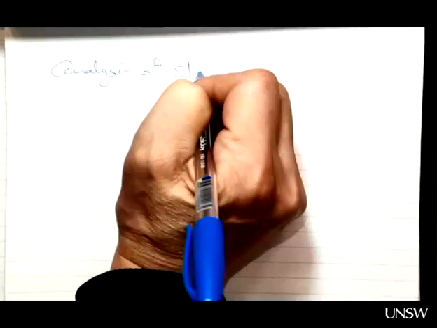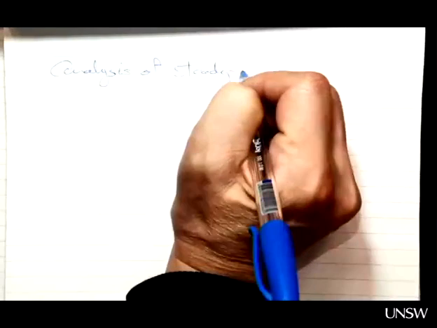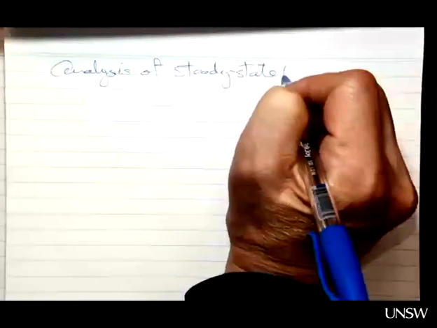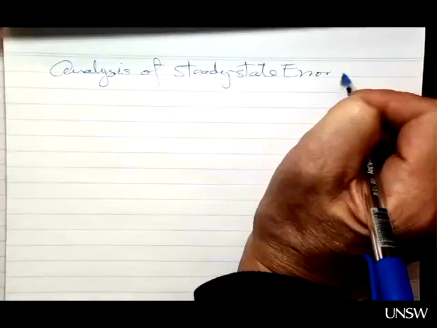So first of all, we carry out an analysis of the steady state error. In carrying out the analysis, we need to classify the types of control systems.